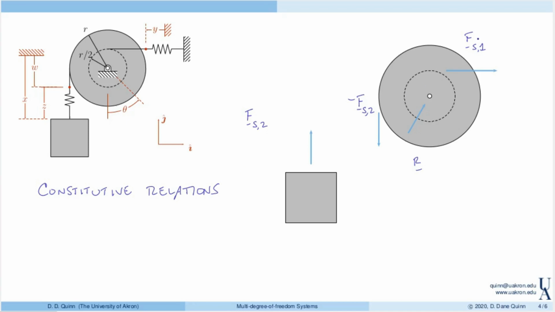So in particular, if I look at Fs1, then if y is positive and this block is being pulled to the left, then the force from this spring is actually directed to the right. So here, this will be k times y in the i direction.